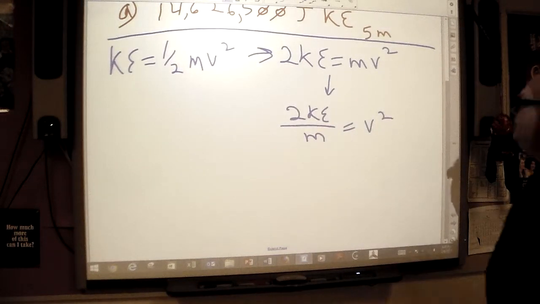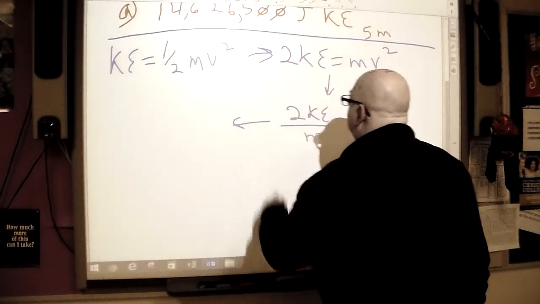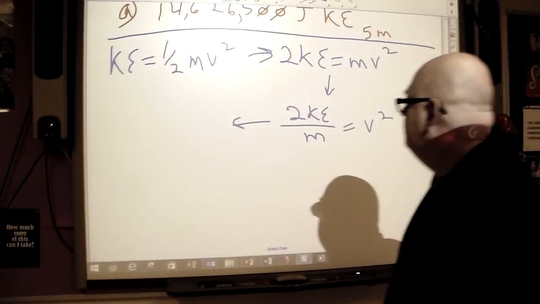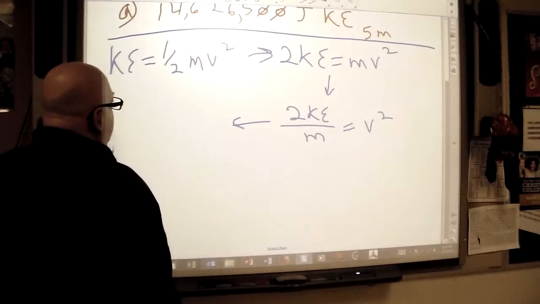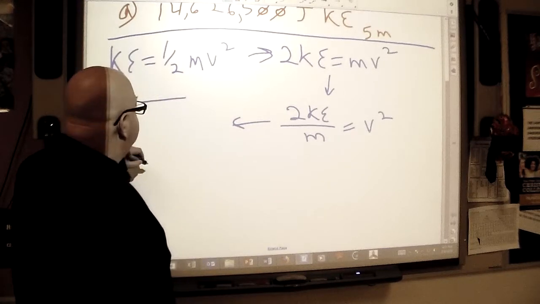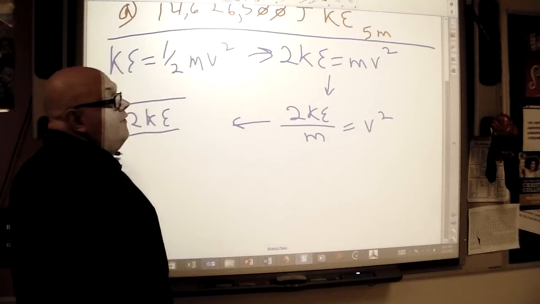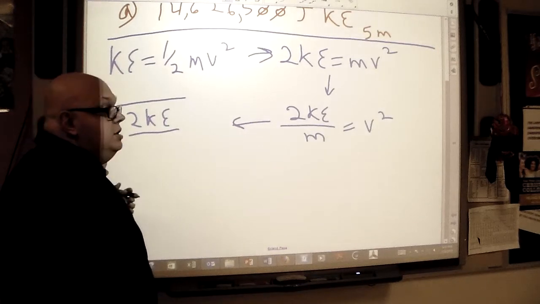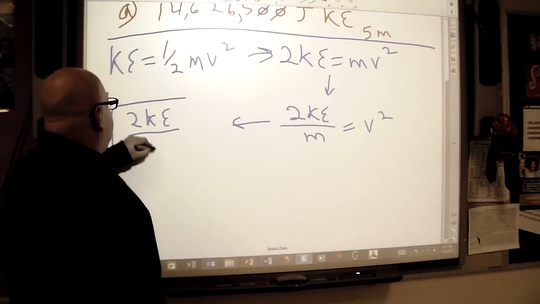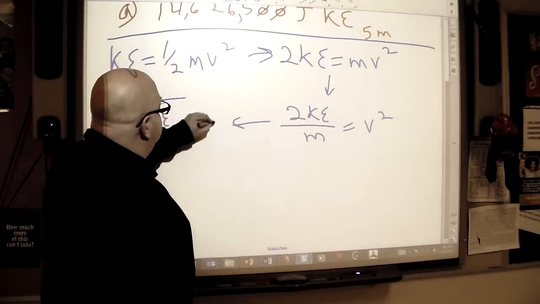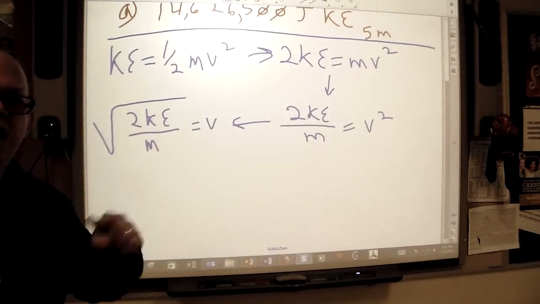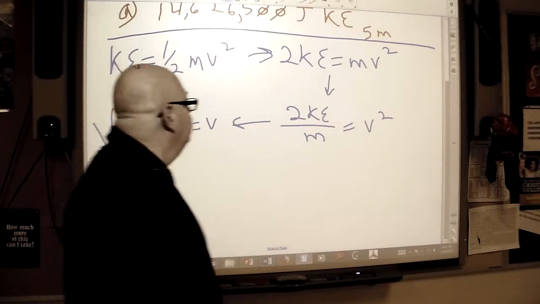Now our last part of the formula, we're going to take the square root of both sides of 2 times the kinetic energy at the 5 meter mark divided by the mass of the rock, and that's going to give us the velocity in meters per second.